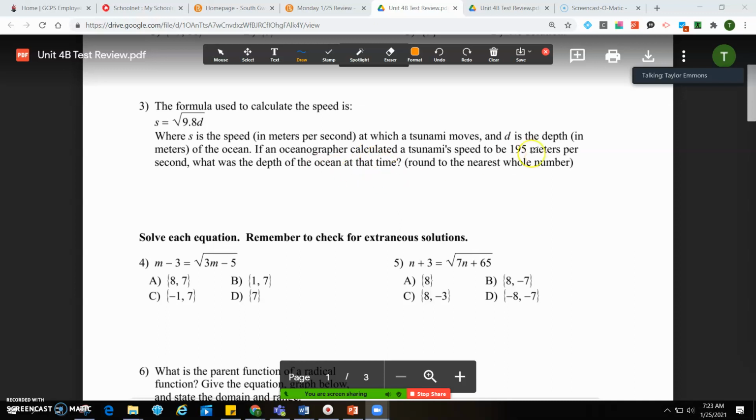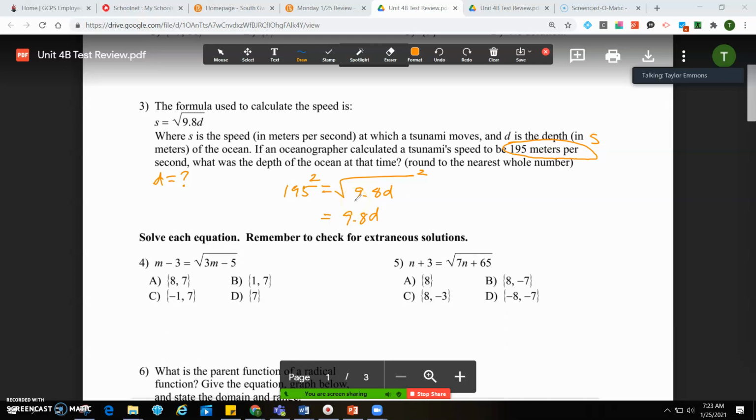Okay, so we've got 195 meters per second is our S in this instance. And we're trying to find what D is. Okay? So we're going to plug in 195 in for S, and then now we're going to solve for D. So we're going to square both sides. And that's going to give us 9.8 D on this side.